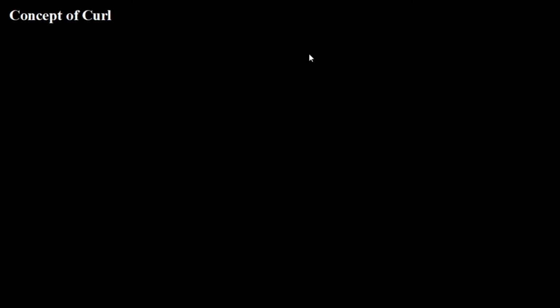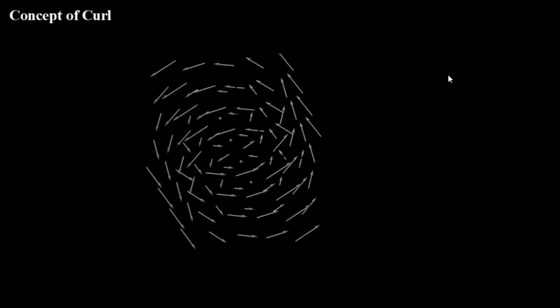So basically curl gives us an idea of the circulation of a vector field with respect to an axis or a point. Now look at this figure. I hope you can make out this figure as a three-dimensional figure. If I draw a line, this becomes my axis, my axis of circulation or axis of rotation.